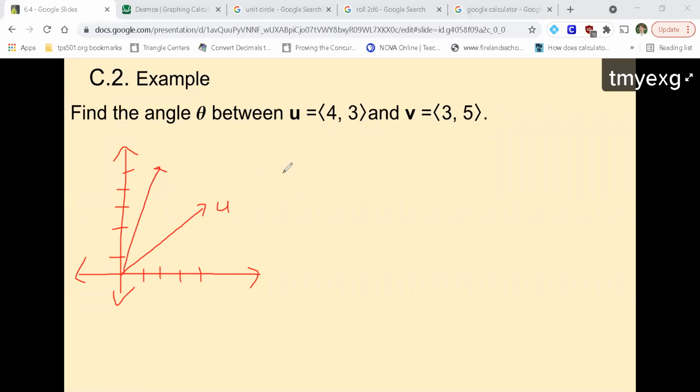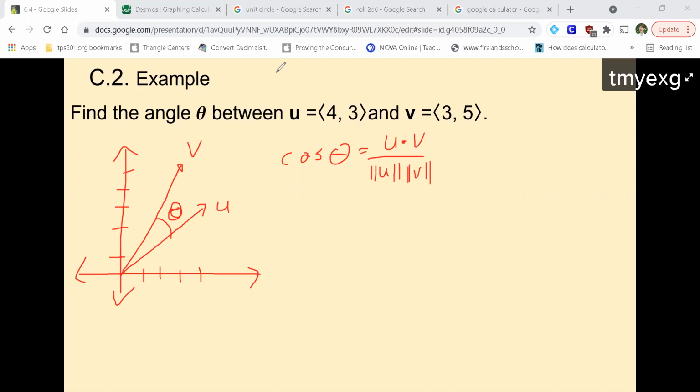Oh, that's a little too short. Let's try right there. And what we're finding is this angle, theta, between the two vectors. To do that, we're just going to use our formula. Cosine of theta is equal to the dot product of u and v over the magnitude of u times the magnitude of v.